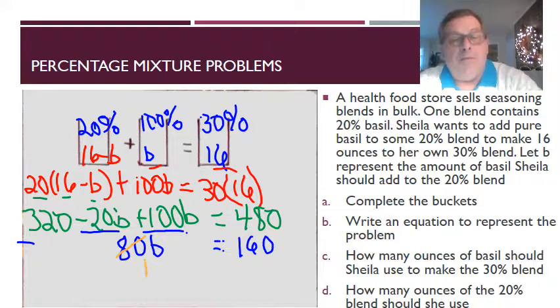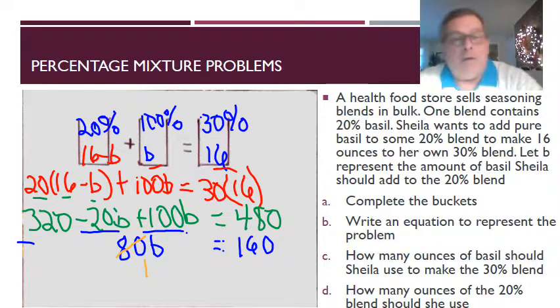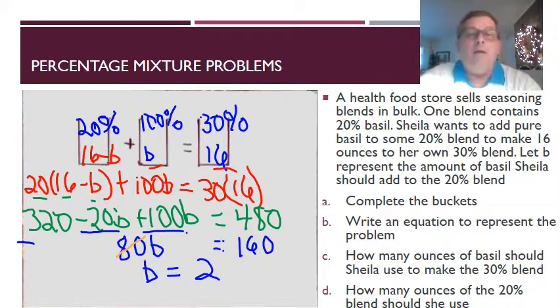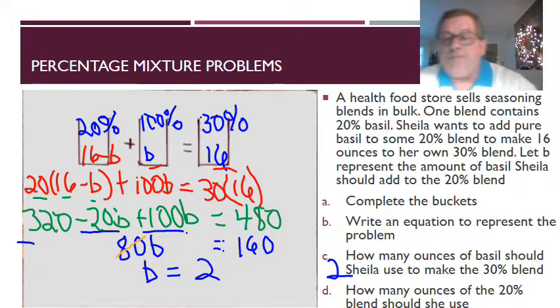It's going to leave me with B. Let me go to a different color so that we can see. So that's going to give me B. And when I divide 160 by 80, that gives me 2. Okay. So that's telling me that the number of ounces of the pure basil used to make the 30% blend, the answer to this question right here, is 2.